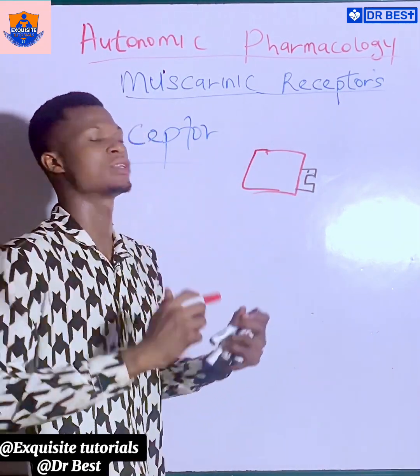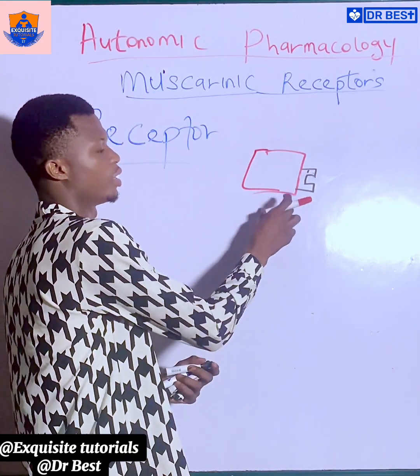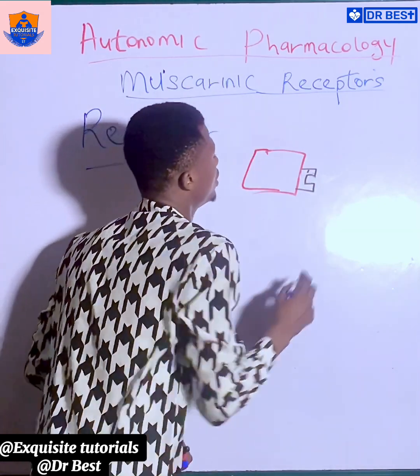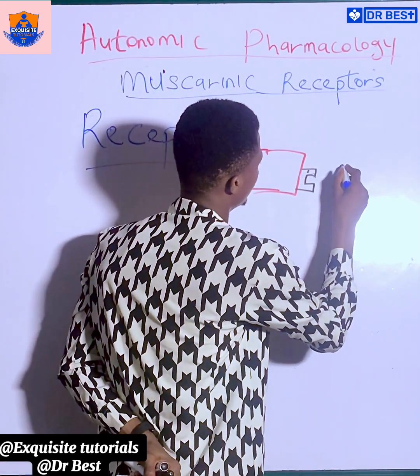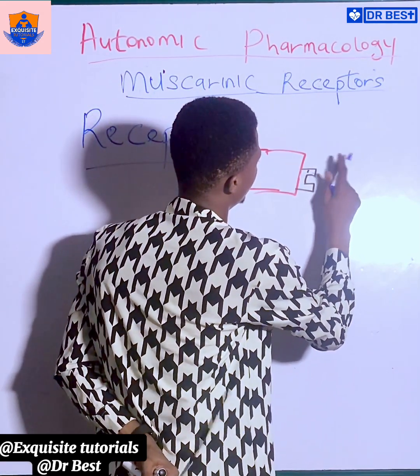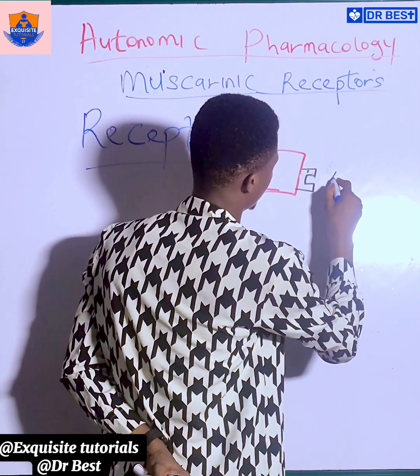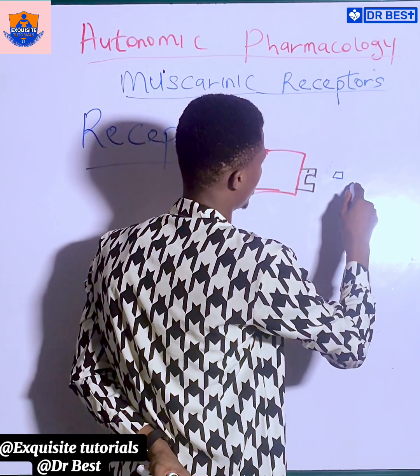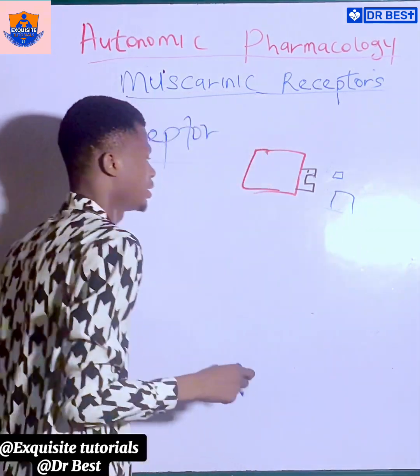A receptor is a structure in the cell surface that binds to a particular substance. Let's say we have two substances, a substance like this and a substance like this, right?